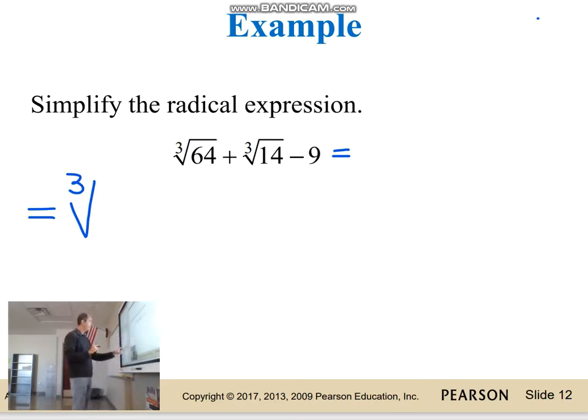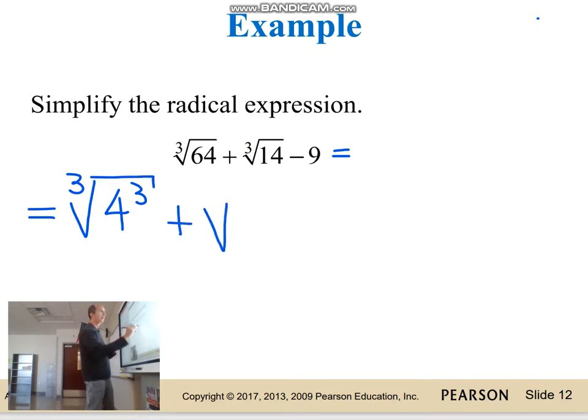Because 64 is 4 cubed, right? 4 cubed is 64. Plus, 14 is 2 times 7, and there's nothing we can do to simplify, there's no perfect cube, so we just keep the cube root of 14 minus 9.